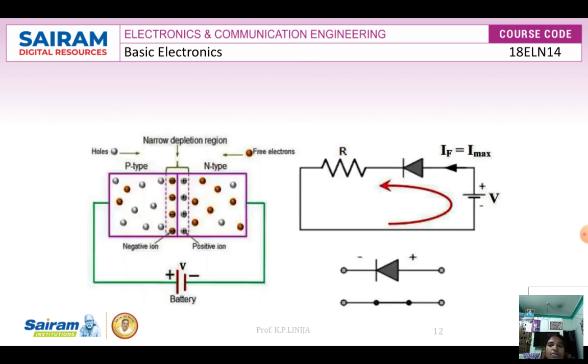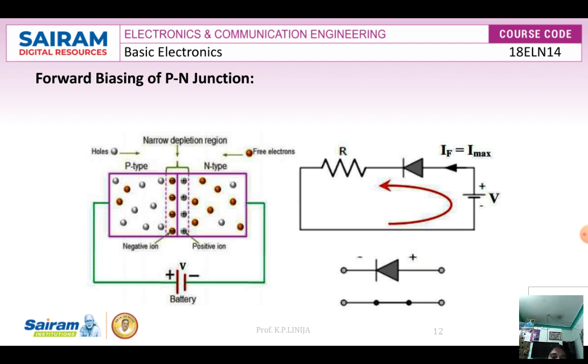Now if we come to the forward bias condition, we call it the forward biasing of the PN junction. Whenever the positive terminal of an external voltage is applied to the p-type of the PN junction and the negative terminal of the battery is applied to the n-type, we call this forward biasing of the PN junction diode.